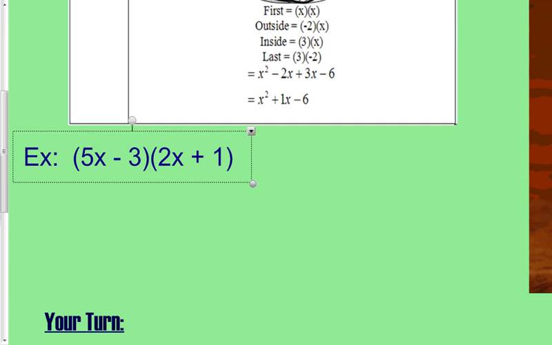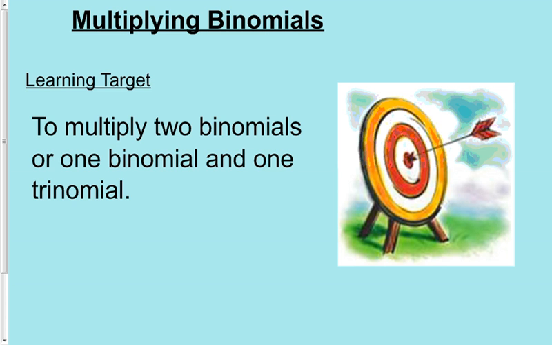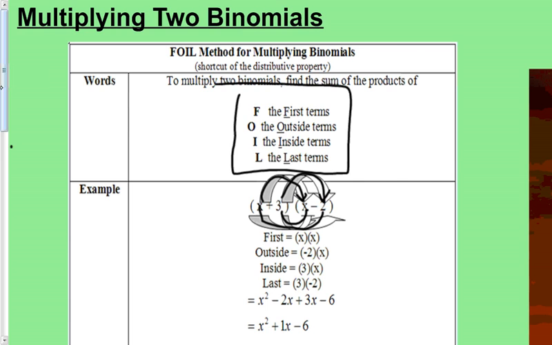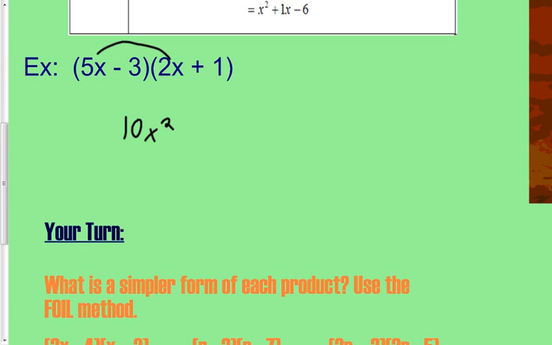All right, so we've got two binomials multiplied together. Let's use that FOIL method. Let's do the first. We have 5x times 2x, which is 10x squared. The outsides would be 5x times 1, which would be 5x. So we add 5x to that. Insides, minus 3 times 2x would be minus 6x.